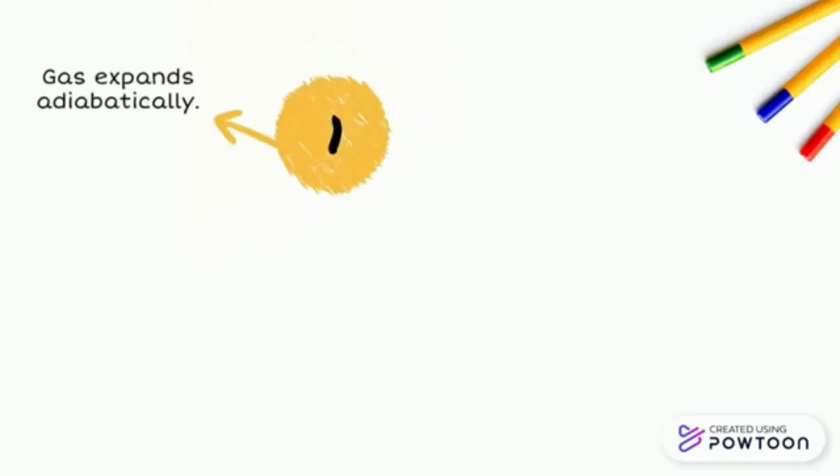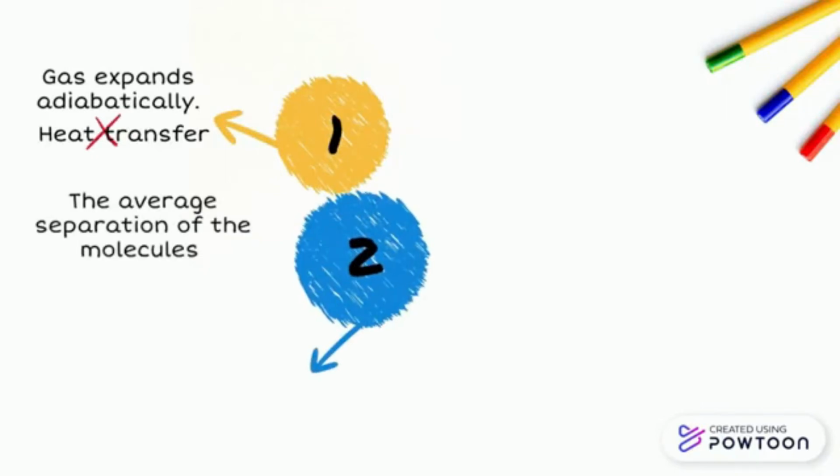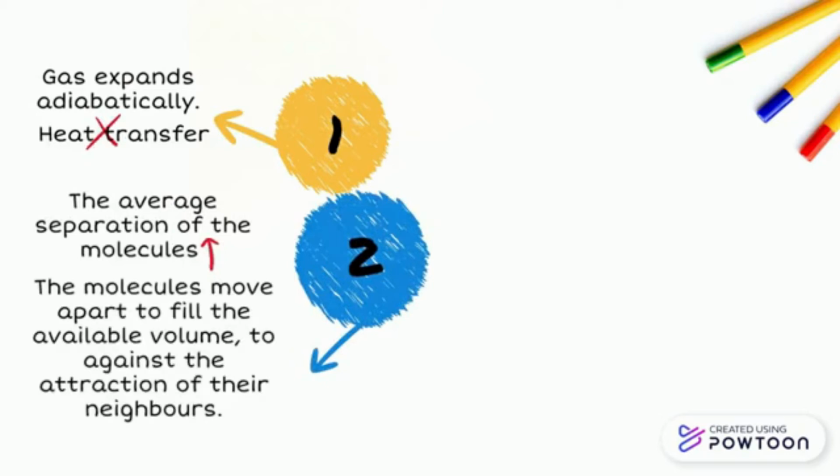When a gas expands adiabatically without allowing any energy to enter from outside as heat, the average separation of the molecules increases. It is because the molecules move apart to fill the available volume in order to work against the attraction of their neighbors.